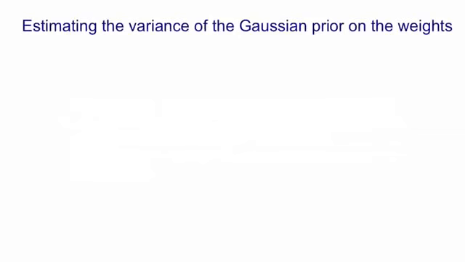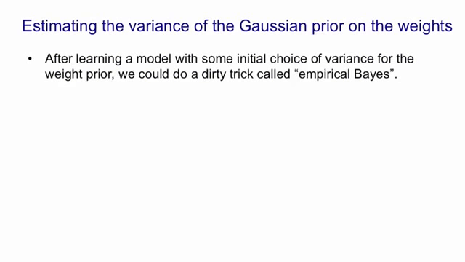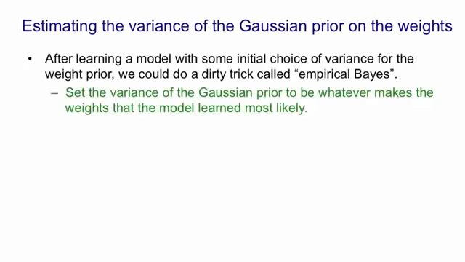We can also estimate the variance in the Gaussian prior for the weights. We have to start with some guess about what this variance should be, then we do some learning, and then we use a very dirty trick called Empirical Bayes. We set the variance of our prior to be the variance of the weights that the model learned, because that's the variance that will make those weights most likely.